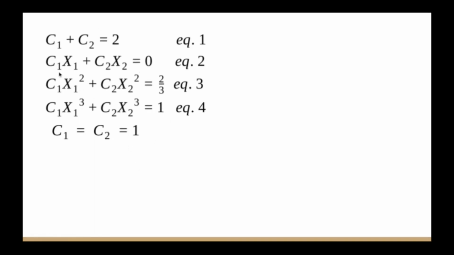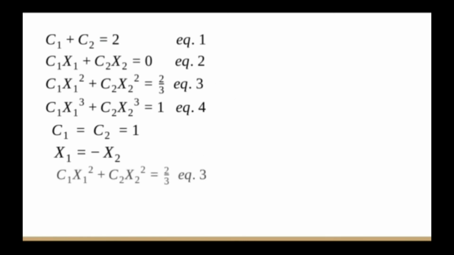Since c sub 1 and c sub 2 are equal, is it right that x sub 1 and x sub 2 are also equal in magnitude? Right? We said earlier that x sub 1 is symmetric to x sub 2. So x sub 2 should be the negative so that it is symmetric to x sub 1. Both should be symmetric. Now look at equation 3. We substitute the values that we know. So we have 1 times x sub 1 squared plus 1 times x sub 1 squared is equals to 2/3.